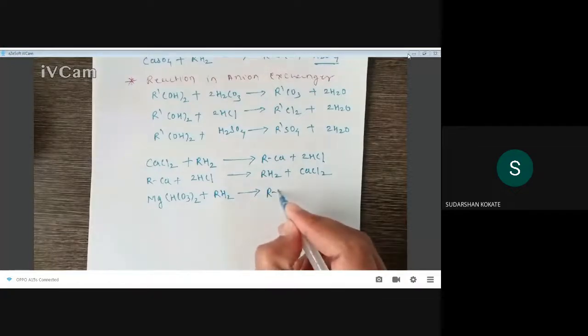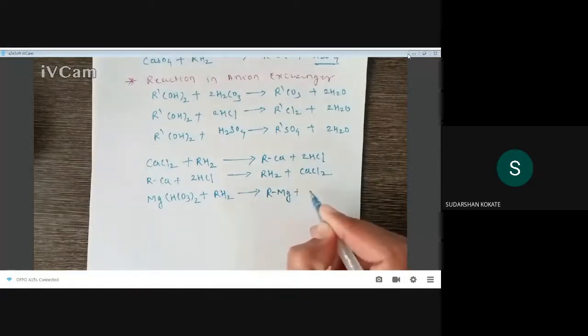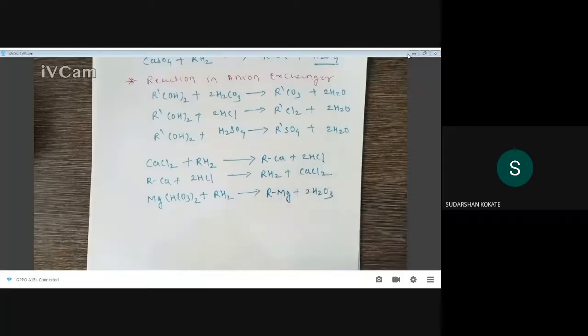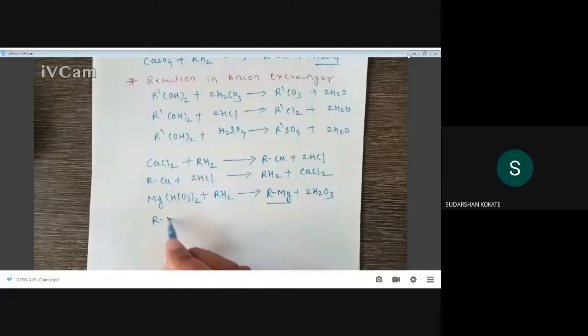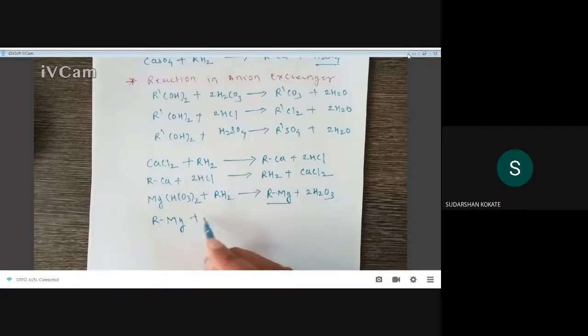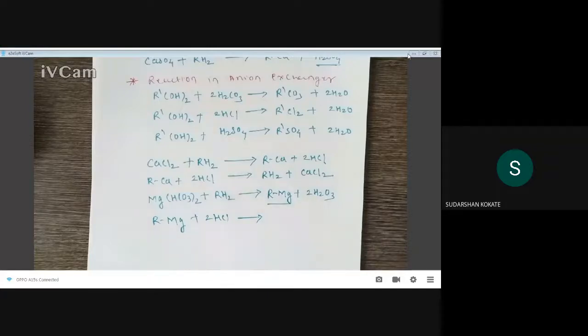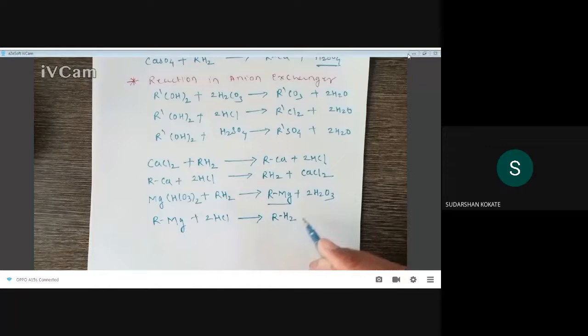RMg plus twice H2CO3, carbonic acid, right? Now this RMg is regenerated by hydrochloric acid, twice HCl. It can form what? RH2 plus MgCl2. Very good. It forms RH2 plus MgCl2, right? So understood this regeneration reaction?